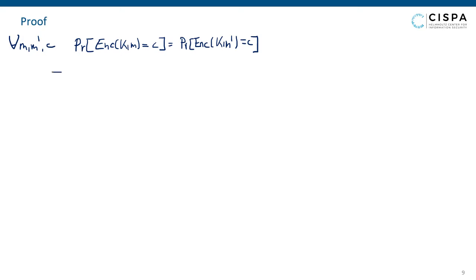So we can say that if we define some value delta_c, which only depends on c, this probability Pr[Enc_K(m) = c] is the same for all messages m.